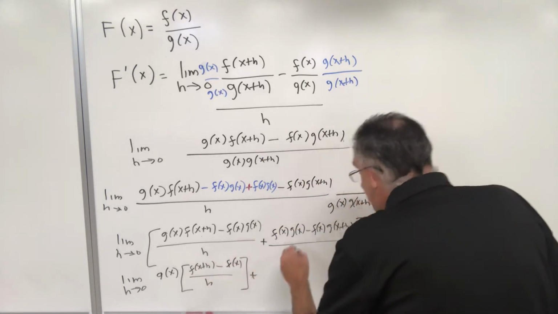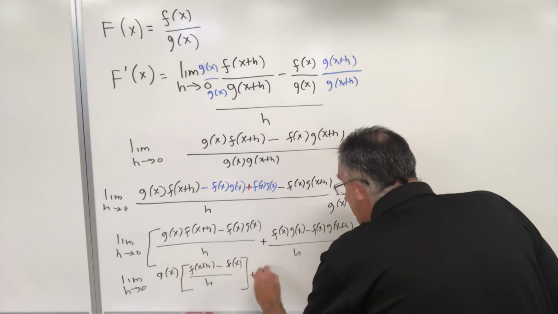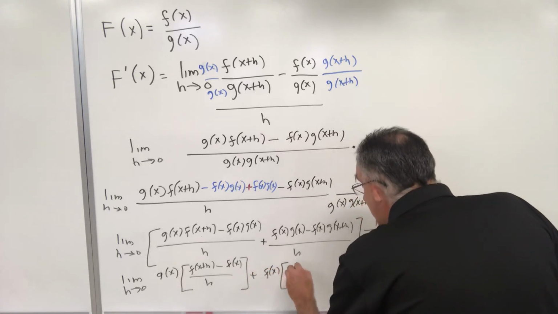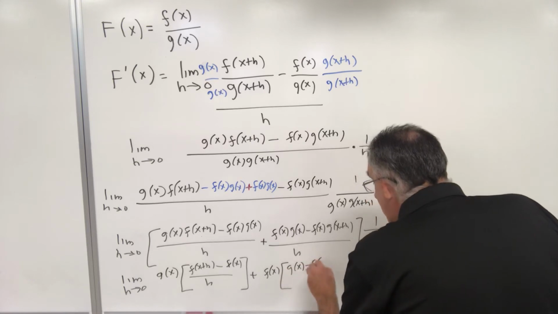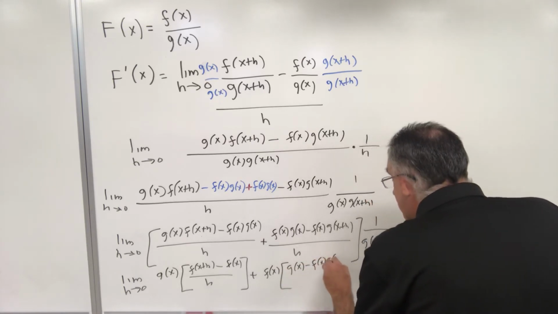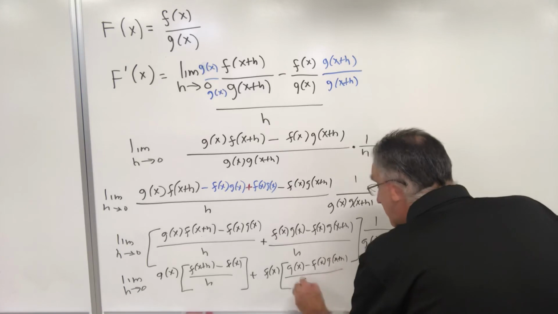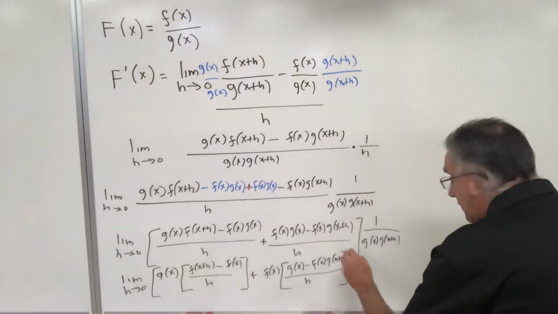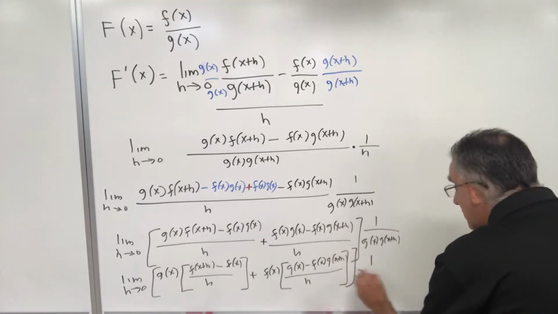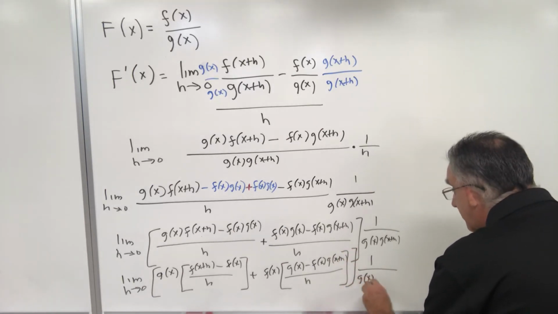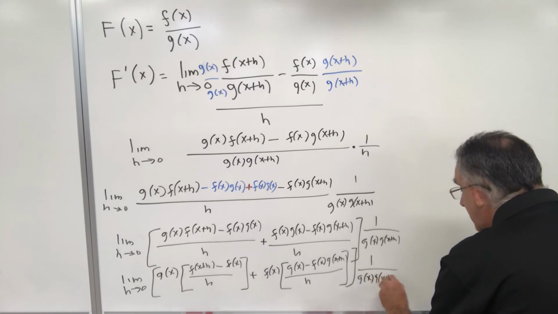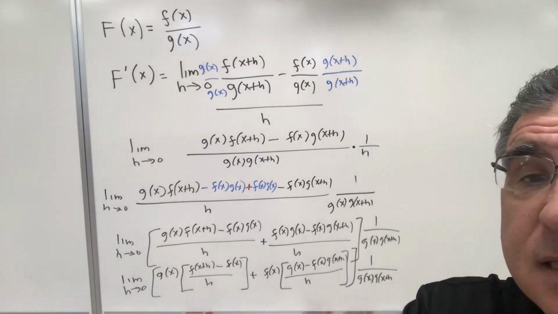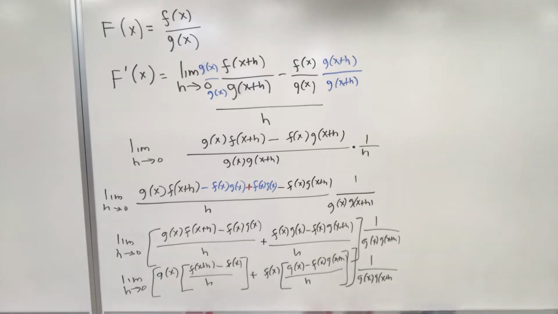And then I'm going to factor out the f of x here: g of x minus g of x plus h over h. Now remember, this whole thing is in a giant parentheses, and I still have my 1 over g of x plus h.